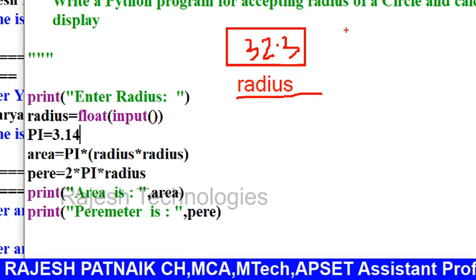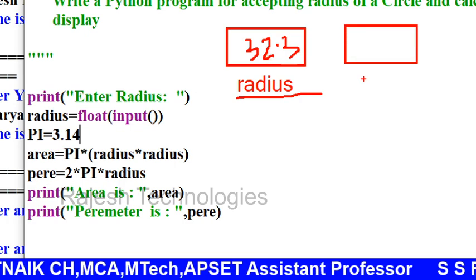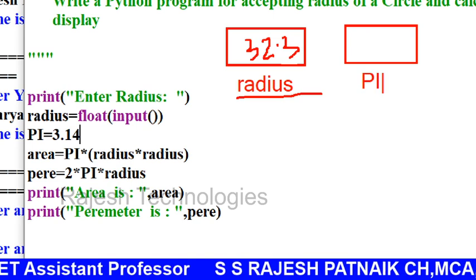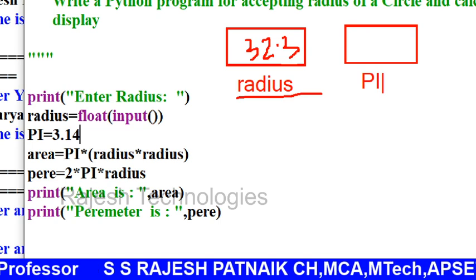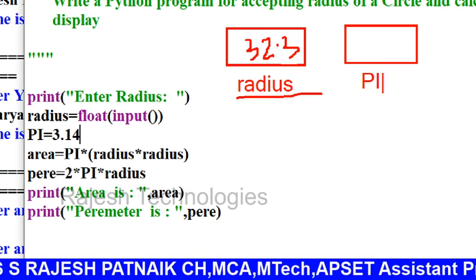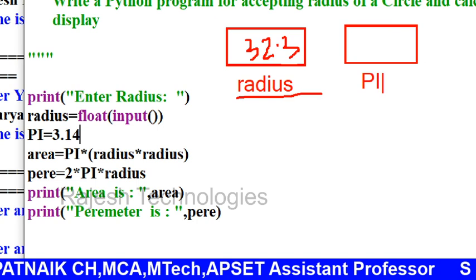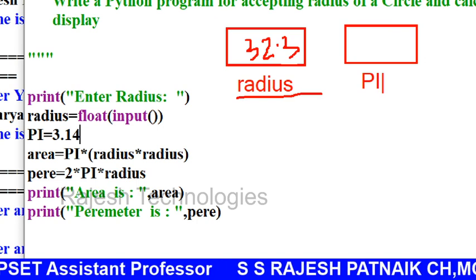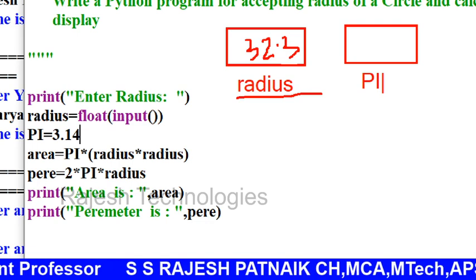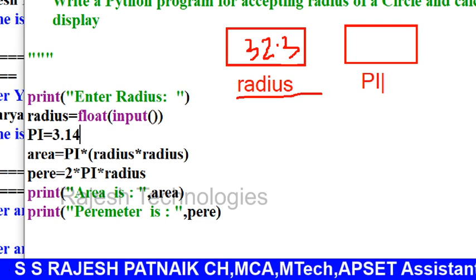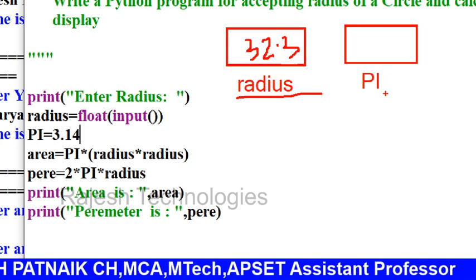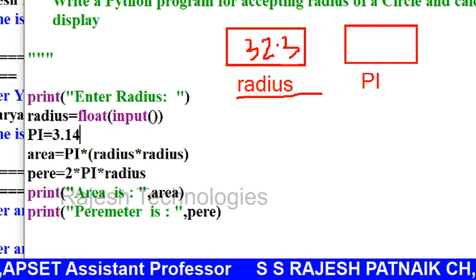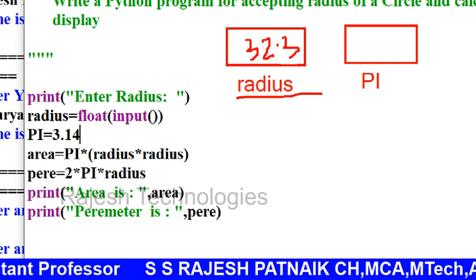And pi is another memory. Pi is the name. I provided it as pi only. You can put any particular name, but it is not the correct way to declare like this. Because I am doing the program of area of a circle, whenever I am assigning a pi value to the pi variable, it is very good. If you put your name, it is not right. So pi and 3.14, here the 3.14 will be stored in the pi memory.